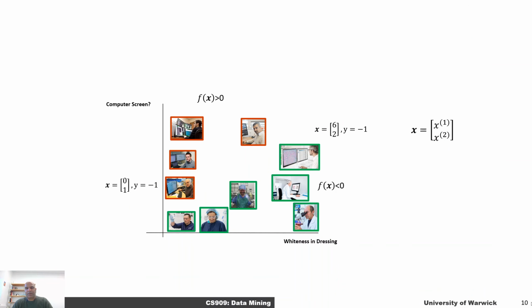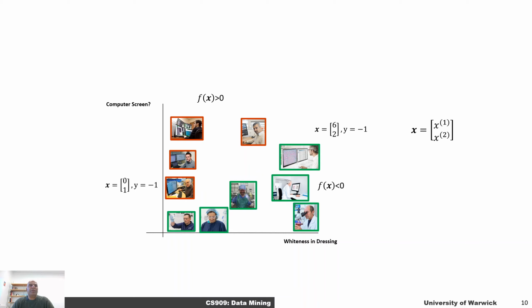On your screens now is a classification problem that we started off with. It's the pathologists versus computer scientists classification problem. All the pathologists are colored in green, so we call them the green class, and we are going to give them the classification label of +1.